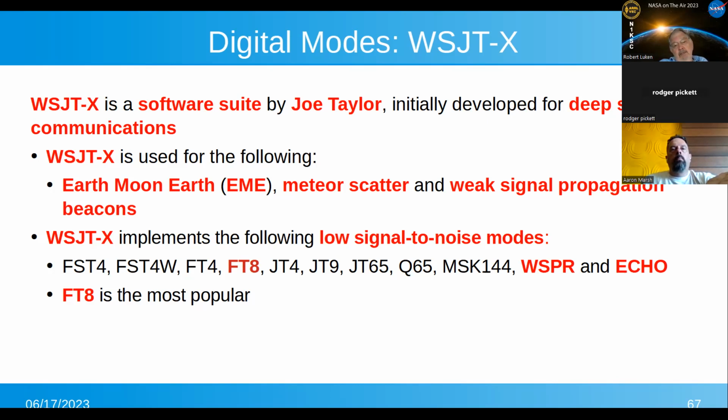FT8, JT4, JT9, JT65, I've tried, nobody's there. Q65, MSK144, which is the meteor scatter one, and Echo, and actually, I don't know what Echo is. But of all of those, FT8 is by far the most popular mode.